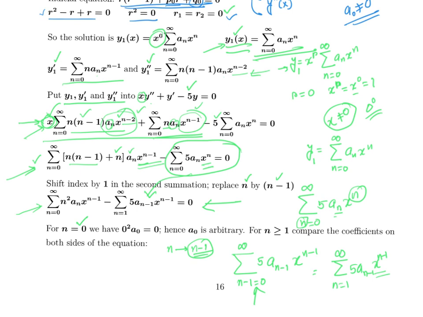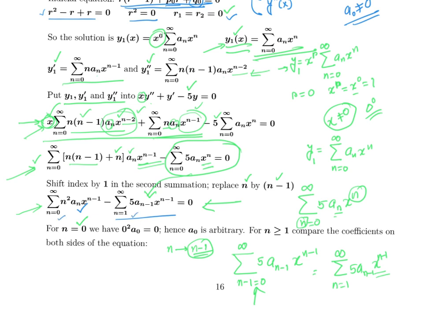Where do I plug in n to be 0? You plug in n to be 0 right here. This is the one where you have the shifted indices, right? For the left summation, the index starts at 0. For the right summation, the index starts at 1.